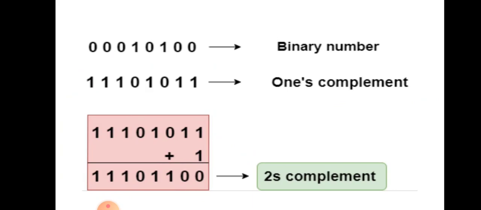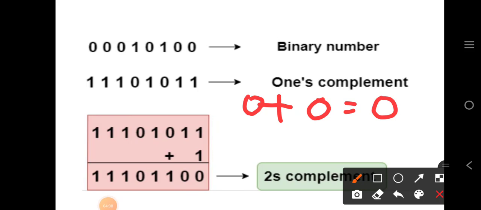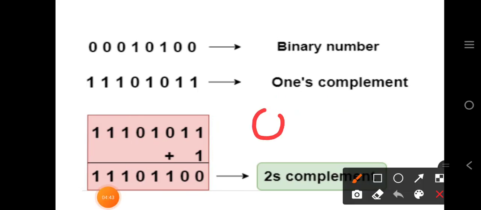I am considering that everyone is able to add the bits 00, 01, 10 and 11. But still I will tell you, if you are adding 0 plus 0, it will give 0. Now if you add 0 plus 1, you will get 1.